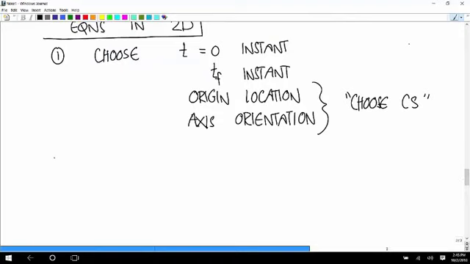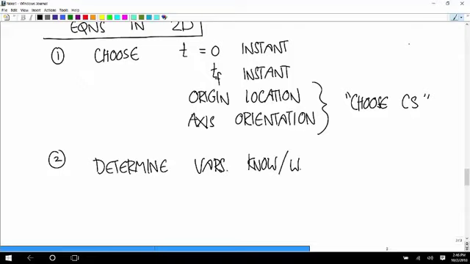And then once we do that, what was the second step? Yeah, so determine what variables you know and what variable you want. In 1D, we went through the list of 7 variables that we had.